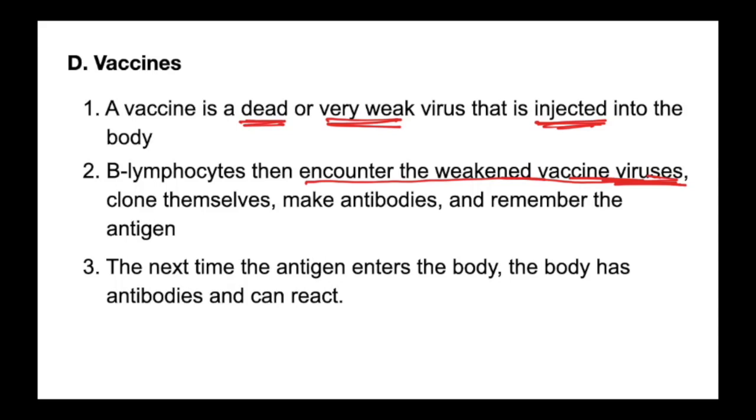How cool is that? We can artificially introduce weak viruses, and then your body can adapt and then fight those viruses in the future. That is so cool. And that's what we're trying to do with coronavirus right now. We're trying to develop a vaccine.